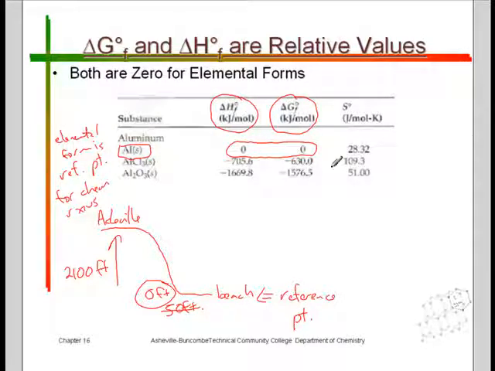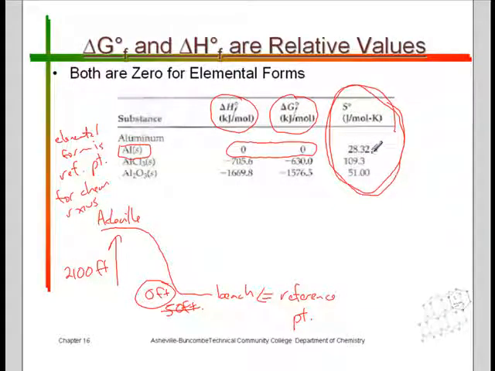Now notice, and this will lead into the second presentation, S naught, standard, the naught means standard conditions, is not relative to the elemental point. The reference point is not the elemental point.